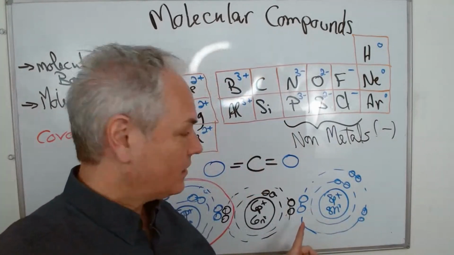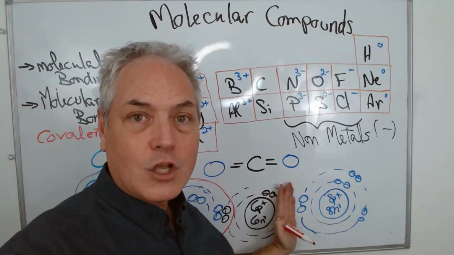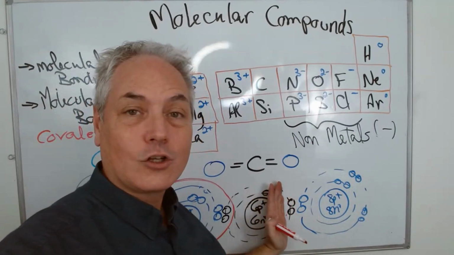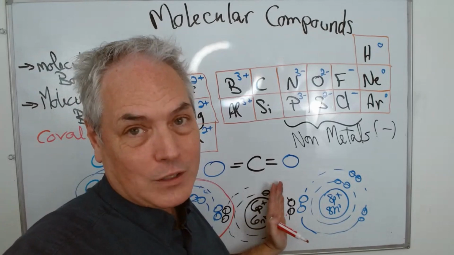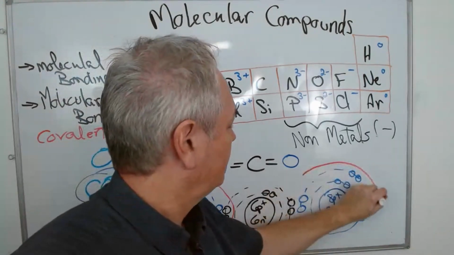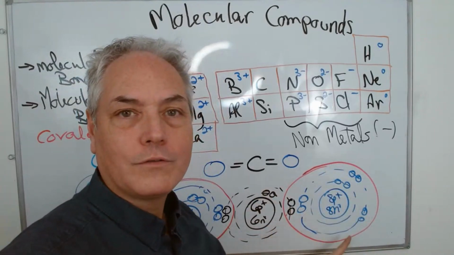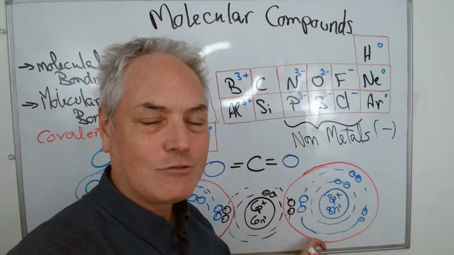You have here this oxygen right here with 6 valence electrons. It will ask the carbon, if you share with me, that'll be great. And if the carbon is sharing, we now have 1, 2, 3, 4, 5, 6, 7, 8 valence electrons.